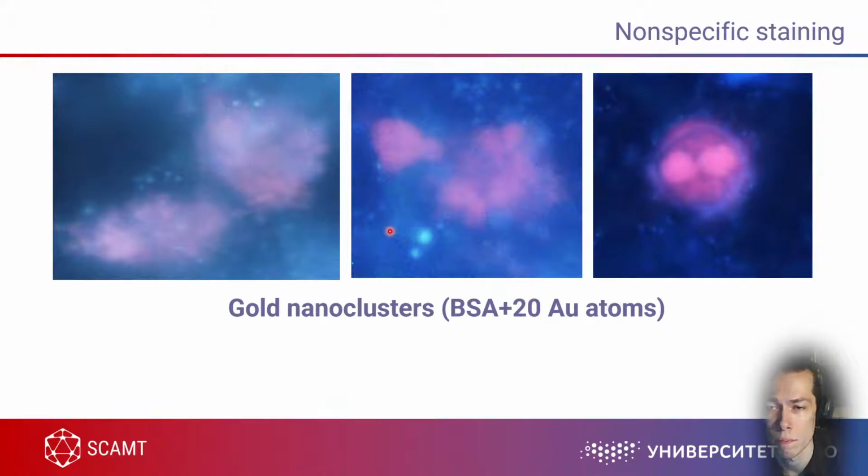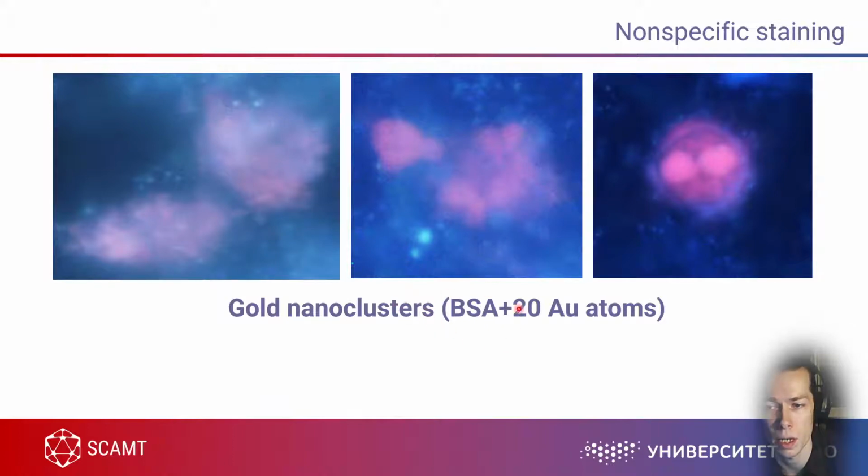The first one: since these clusters are very small, they can be easily uptaken, and since it's bovine serum albumin, cells can easily uptake them and use them as a source of nutrients.